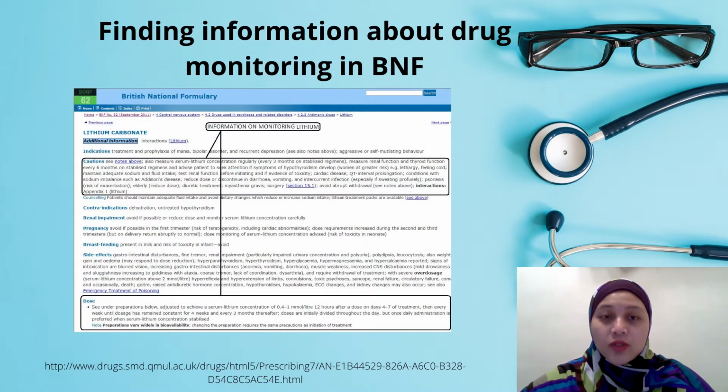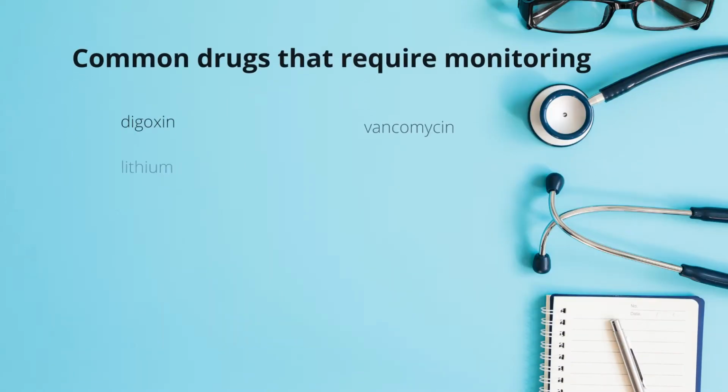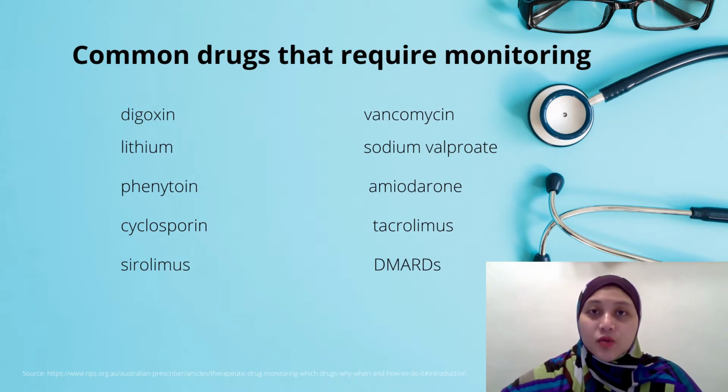If you're not sure how to monitor a certain drug, you can get the information from the BNF. This is just a list to show you the most commonly monitored drugs. We have digoxin, lithium, phenytoin, cyclosporine, sirolimus, tacrolimus, vancomycin, sodium valproate, amiodarone, and also DMARDs.